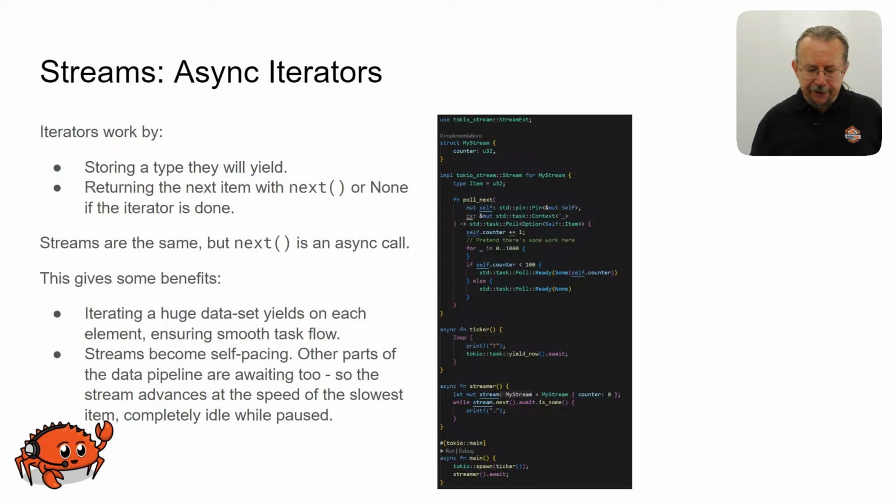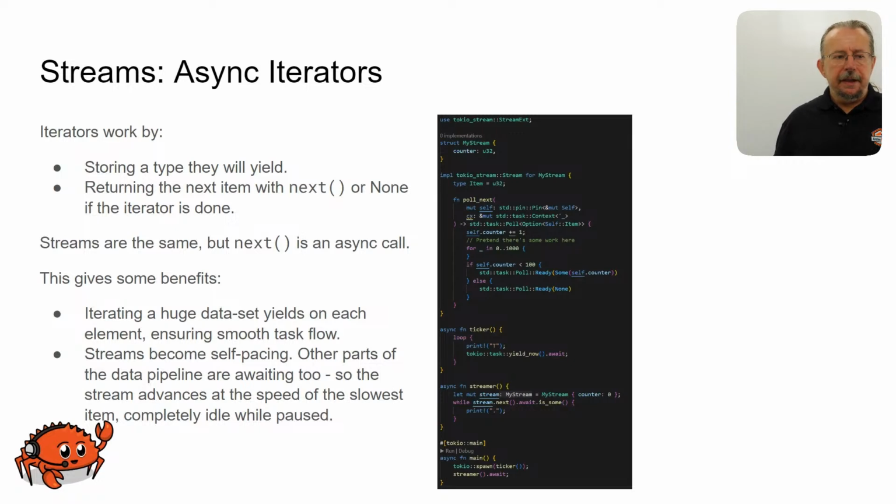I built an example there of a stream that acts just like an iterator. If you take away the stream-specific bits of the template and replace it with iterator, it's almost the same thing. And the code here is relatively simple. It just keeps counting up and yields results on the counter.